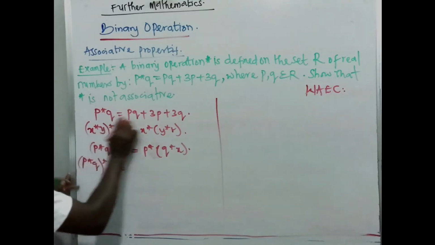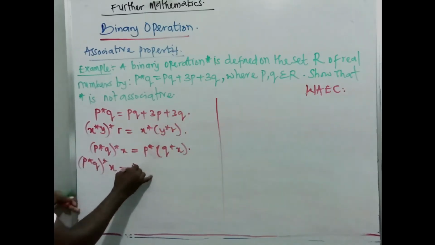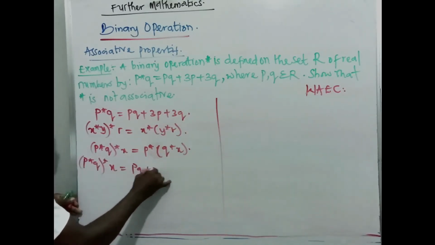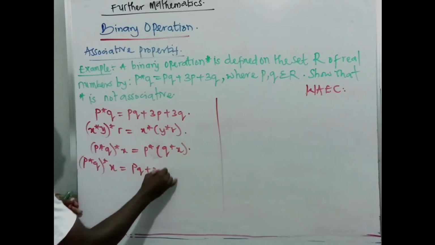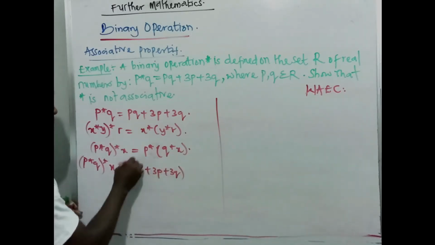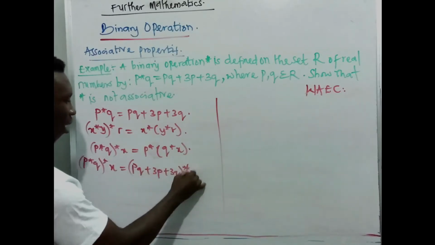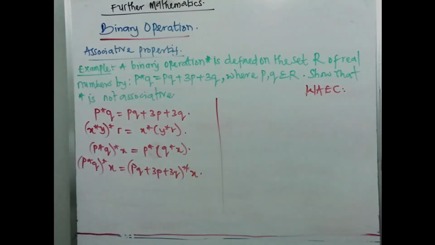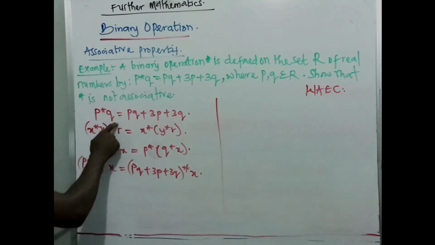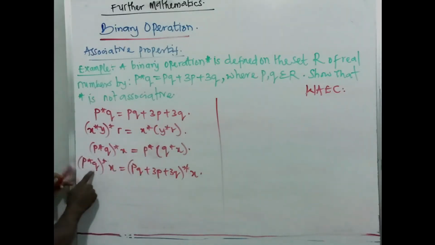What will P asterisk Q give us? It will give us PQ plus 3P plus 3Q, in brackets, asterisk S. Now let us pay close attention. P asterisk Q gave us this, so this gave us this.